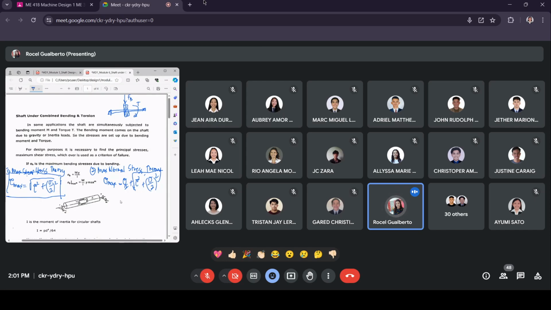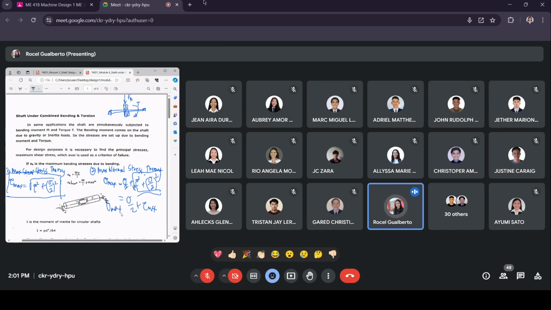To further simplify, this is sigma over 2 plus the square root of tau squared plus sigma over 2 quantity squared. Notice that this part here is equal to your tau max. So this would be the value for your sigma maximum.